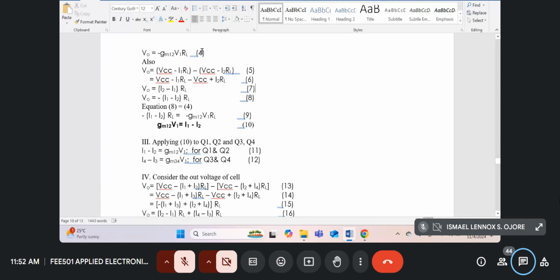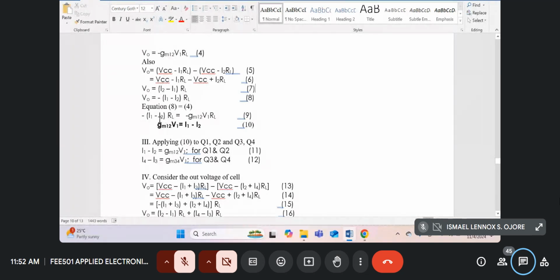So if you equate 4 and 8, what I've done is I've written 4 on the right hand side of 9, and I've written 8 on the left hand side of 9. So I'll get minus into brackets I1 minus I2 into RL is equal to minus GM12 into V1 RL.